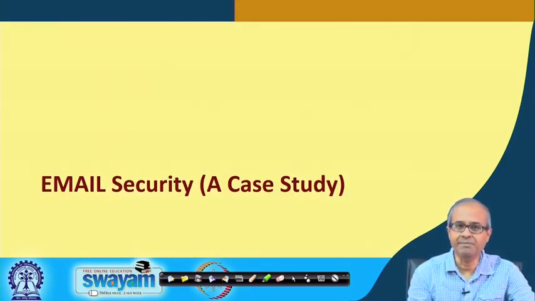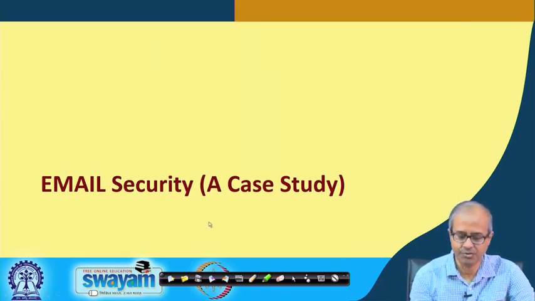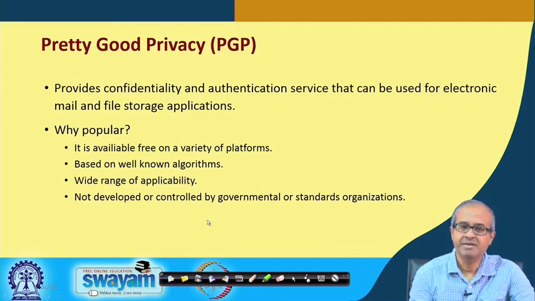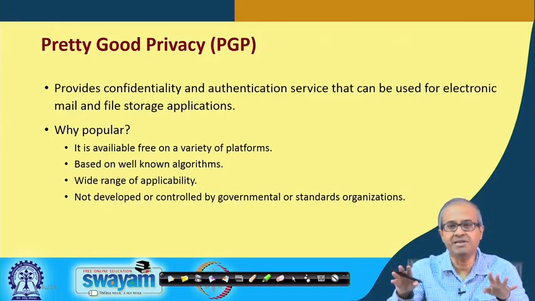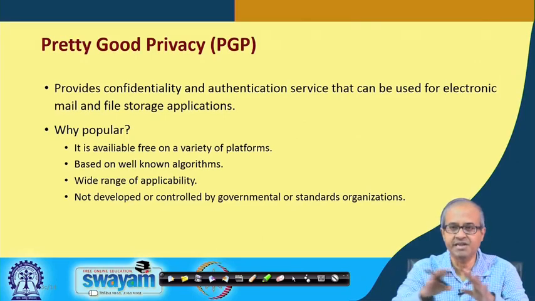Now coming to email security, I am looking at just one example case study. There is a secure mail system called PGP, Pretty Good Privacy. Normal email service does not provide you with any security. There is no confidentiality, no authentication, nothing is provided.